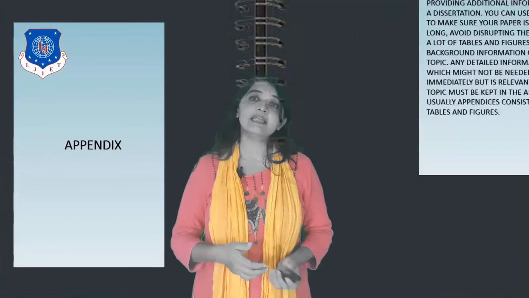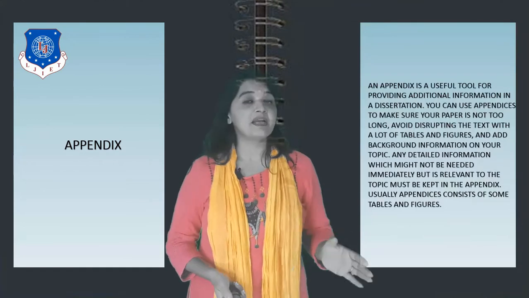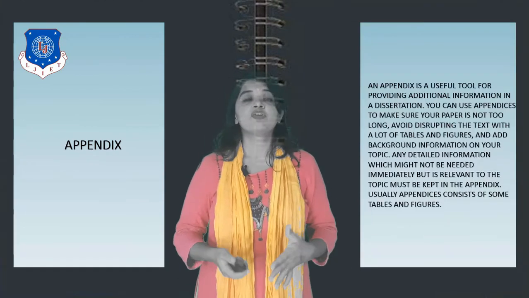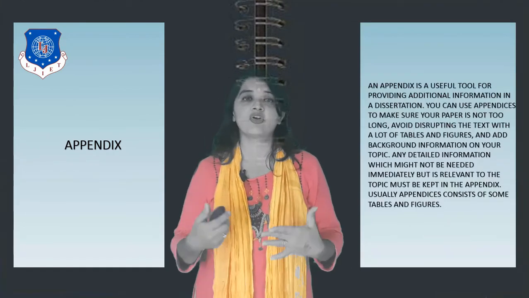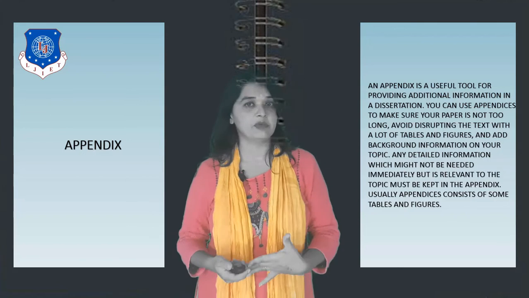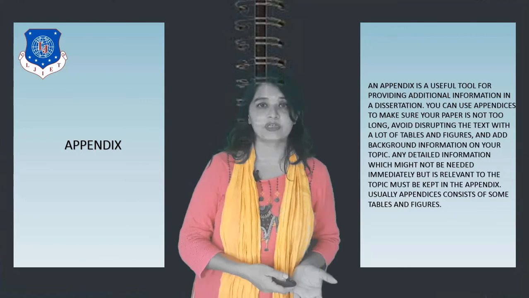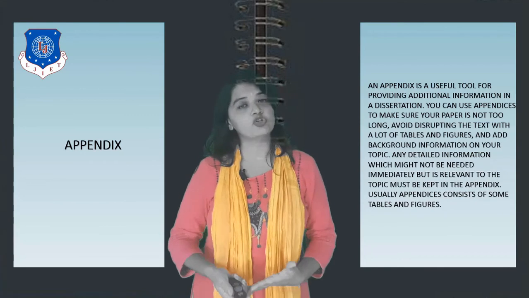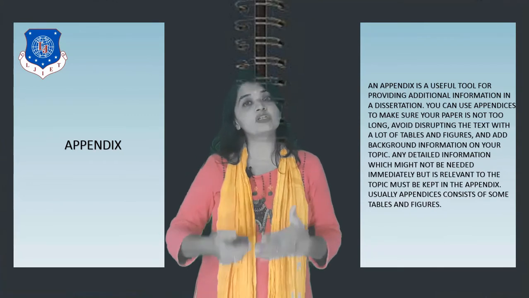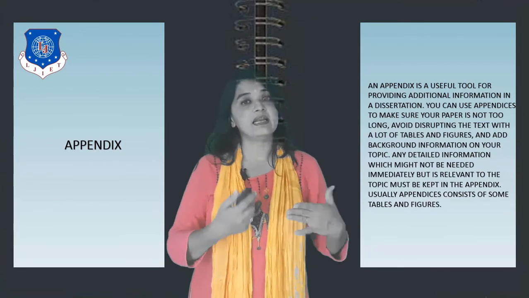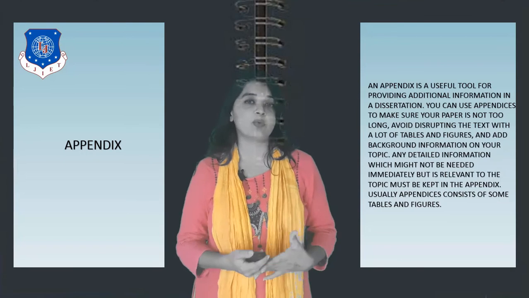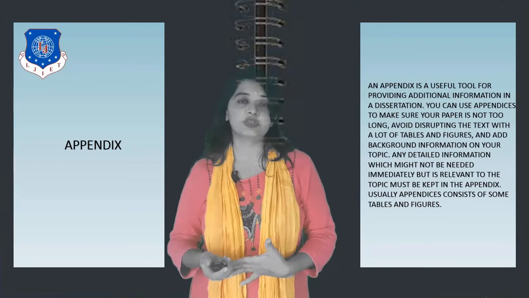So, after the recommendations, we have the appendix. Now, why is the appendix used? An appendix is a useful tool for putting any text or diagrams or graphs or tables which may hinder otherwise inside the report, and they may be related to the topic, but they are not needed at the moment, but if required, people may refer to them.